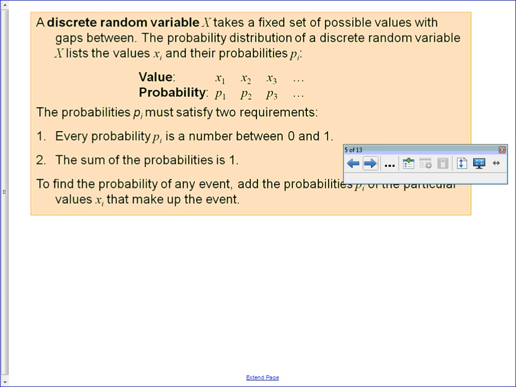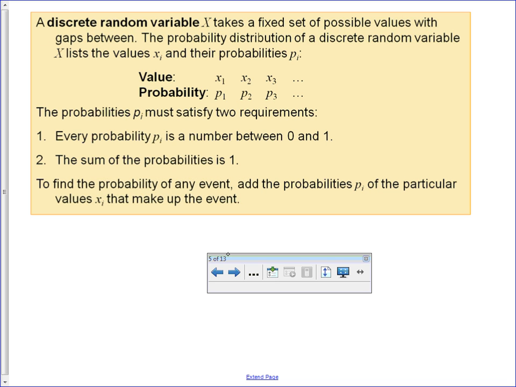All right, so some rules about discrete random variables. The probability of every outcome is between 0 and 1, right? Because that's the rules of probability. The sum of all probabilities has to be 1. It's another rule of probabilities. And this last part looks a little confusing.